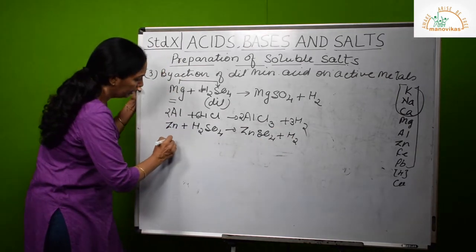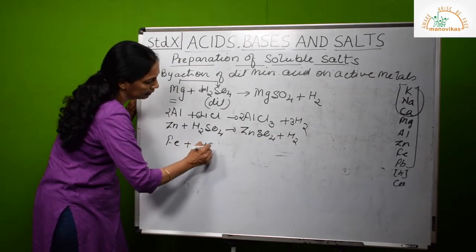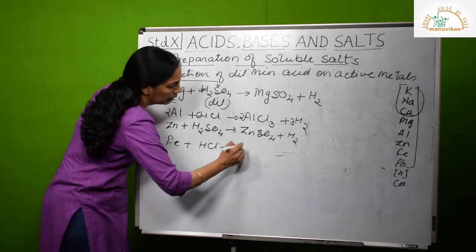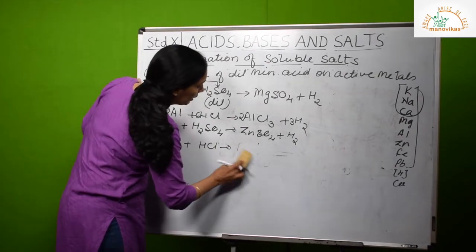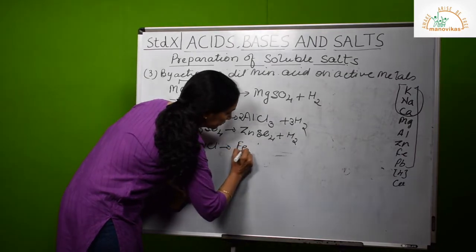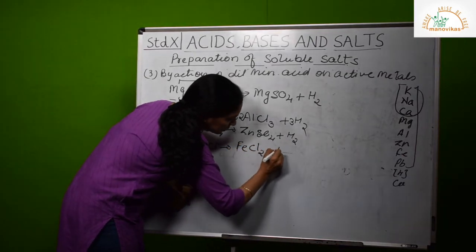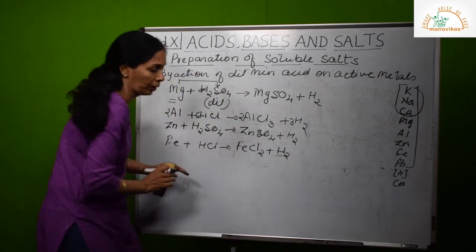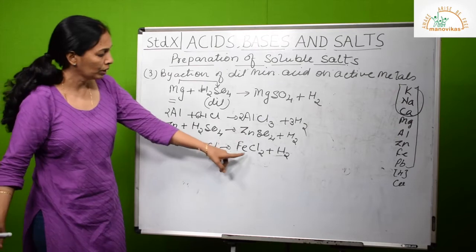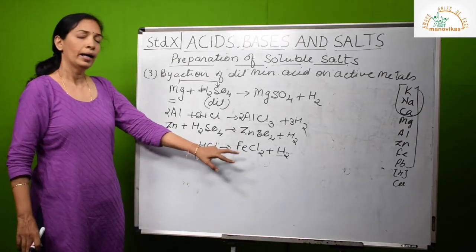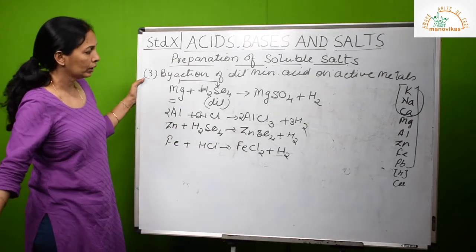And Fe, if you treat it with dilute HCl or H2SO4, gives FeCl2 plus H2. This is iron 2 chloride. You cannot prepare iron 3 chloride by the displacement method. You can prepare iron 2 chloride. The iron 3 chloride method is different, which will be taught next.